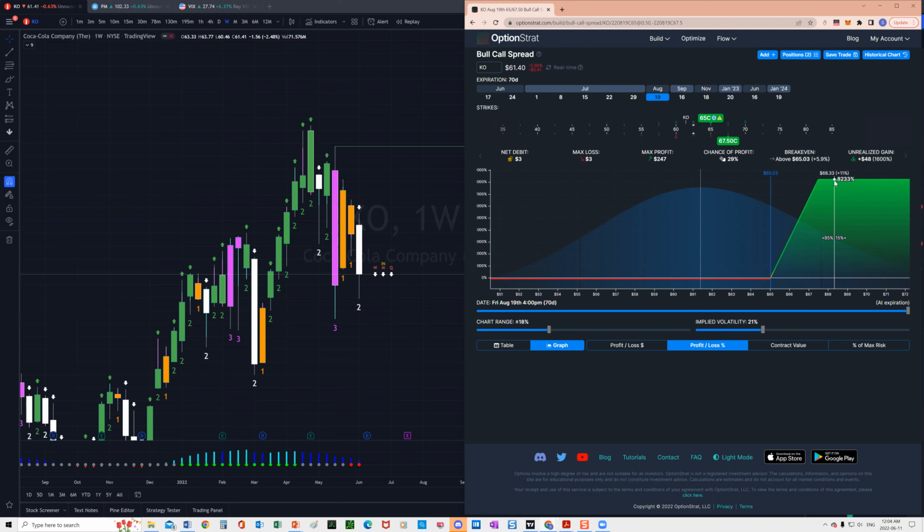So if you have a portfolio that you're aggressively trying to grow, you can do that with spreads, because what you're doing is basically taking your money out and letting the trade still ride. So imagine you bought your $65 call, you're up 100% on it now, you bought it for 40, it's now 90. Well, you could turn around and sell that 67.50 call, and your max profit could potentially be $247.